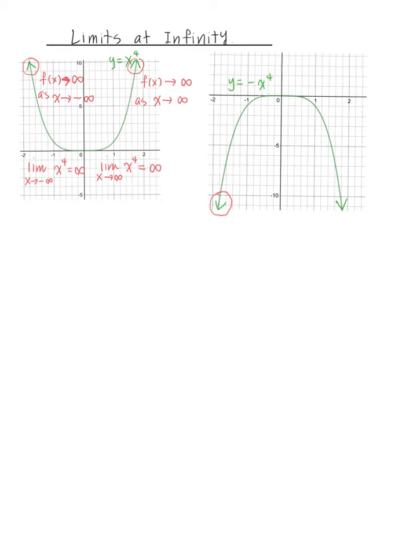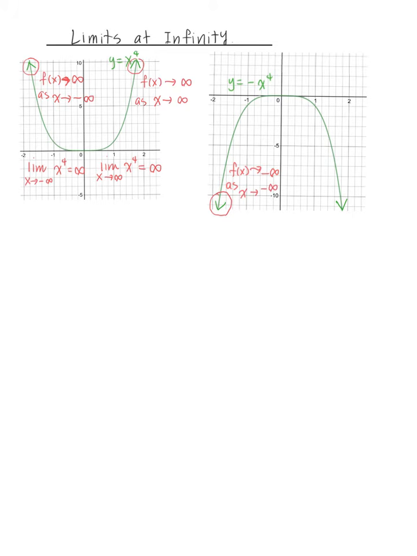When x is going towards negative infinity, where is the tail end of the graph going? It's going to keep going down and down and down, so it's going to go to negative infinity, doesn't it? So we would write this as f of x approaches negative infinity as x goes to negative infinity.